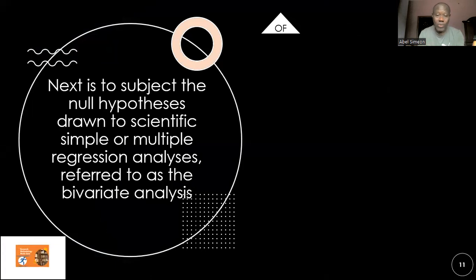You pose some questions to them by way of questionnaire, they answer them. Those answers, the data cleaning and all the analysis you do, are called univariate analysis. Now you draw your hypothesis, and then you subject your hypothesis to a scientific analysis called either simple regression analysis or multiple regression analysis.